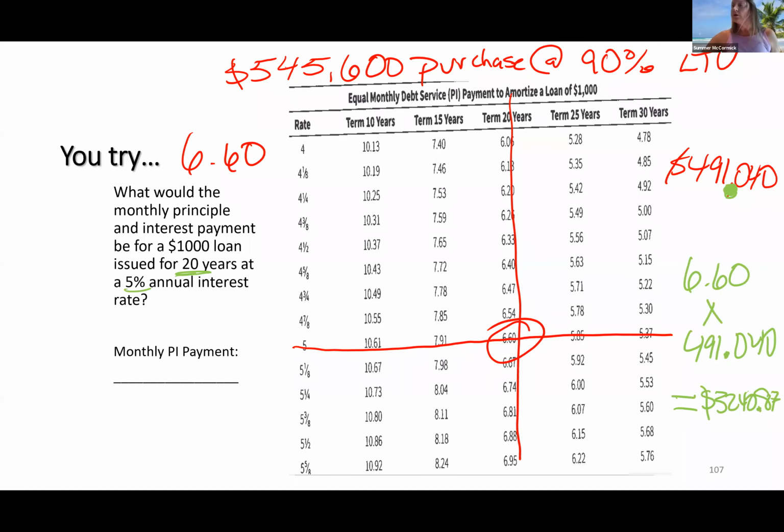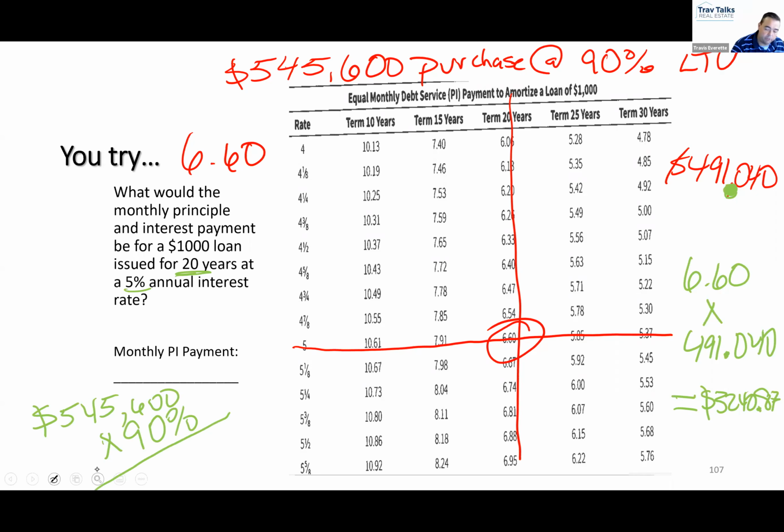So we need to figure out how we're going to calculate how much is borrowed. The way we calculate how much is borrowed is we take the purchase price, which in this case is 545,600, and we multiply times the loan to value ratio, which is the percentage that we're borrowing. That's where that loan amount came from.